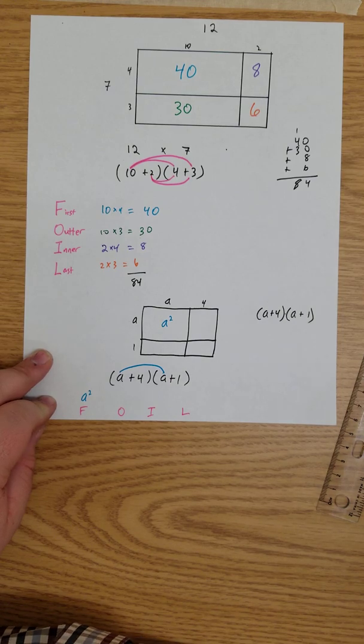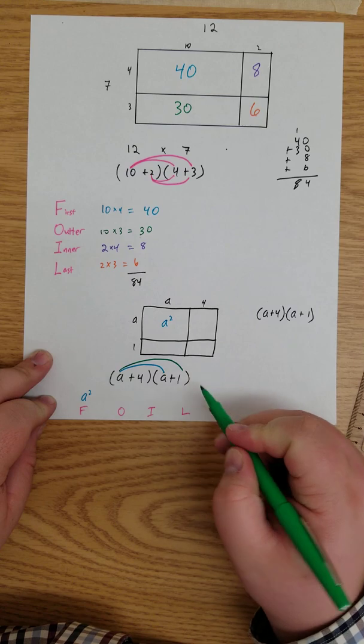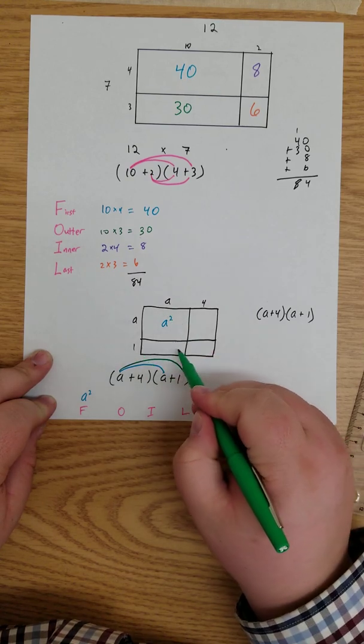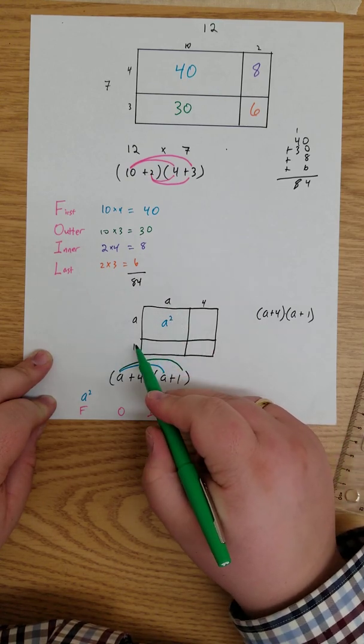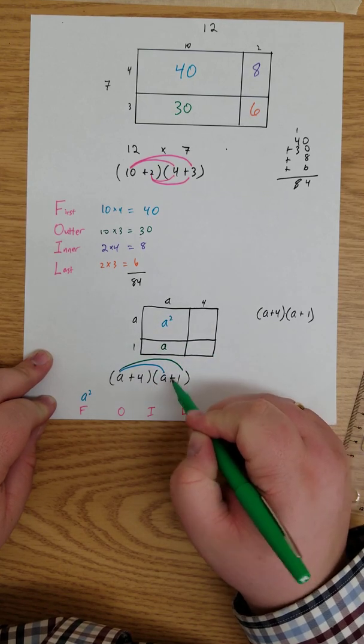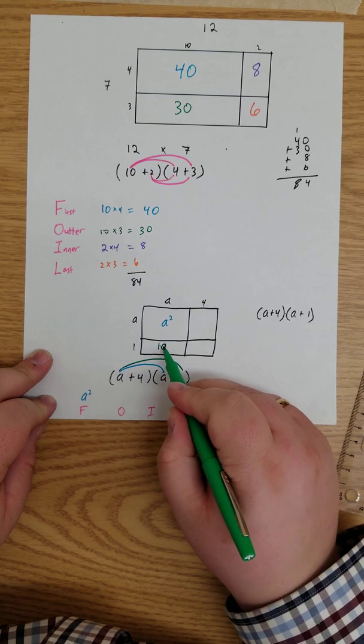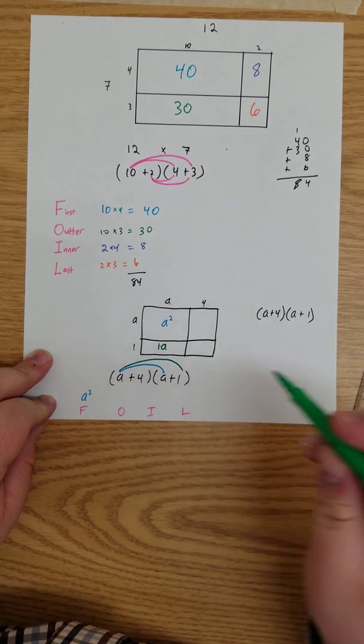Next, the outer numbers. That's a times the 1. That's represented in this box right here. A times 1, 1 times a is equal to a. Well, it's 1 times a, but I don't need to write that 1 there.